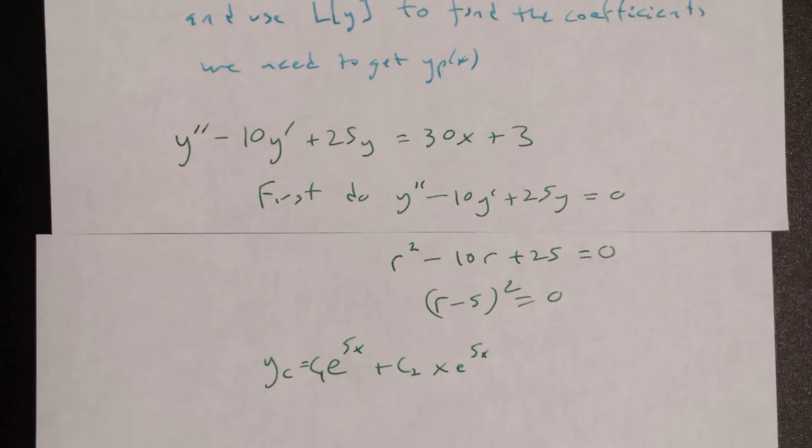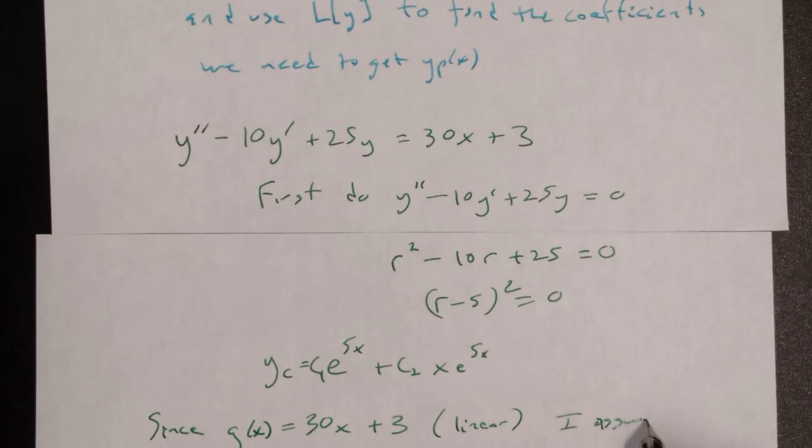So now I have to say, well, what does YP look like? I'm going to make the assumption, since the right-hand side is a linear equation, that YP is also a linear equation. But I don't know what the coefficients are.